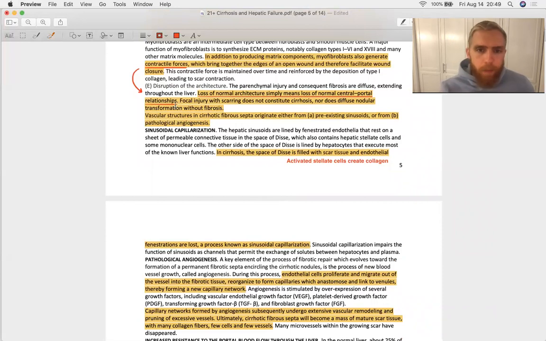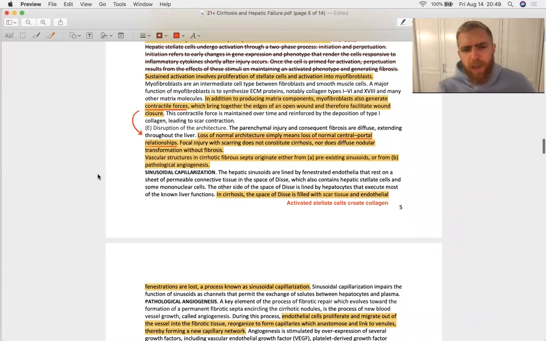Now, the bottom of page 5 gives us a good definition of what we mean when we refer to disruption of the architecture. Well, we're really talking about loss of normal central portal relationships. So we brought this up already. What do we mean when we say architecture? We mean the vascular architecture going into the liver, because you can replace hepatocytes. You can grow new hepatocytes all day long.